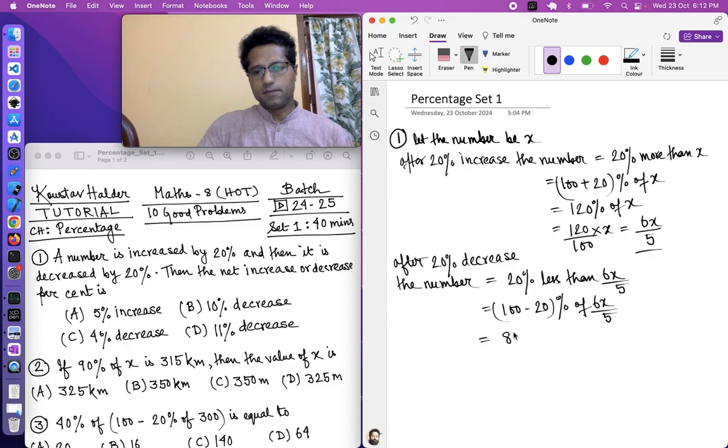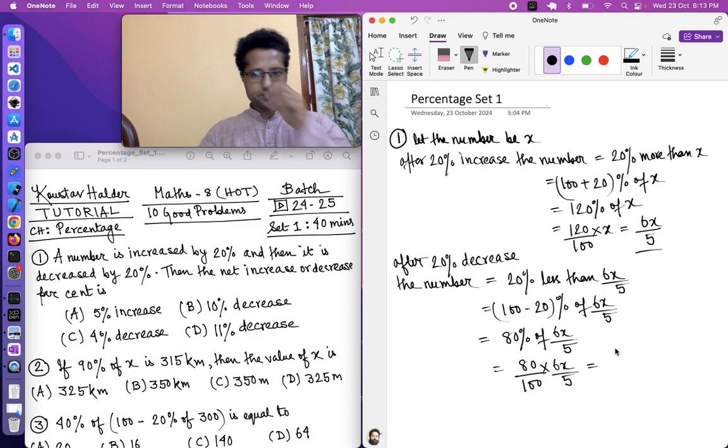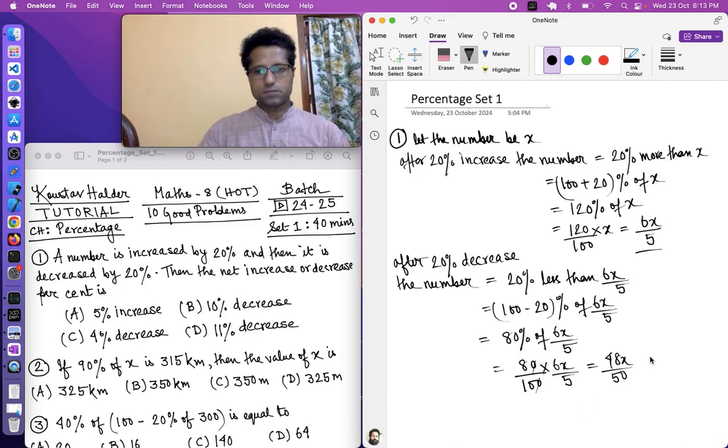This is equal to 80% of 6x by 5. This is equal to 80 by 100 multiplied by 6x by 5, which is equal to, if you simplify, the zeros cancel out, and this is 48x by 50.